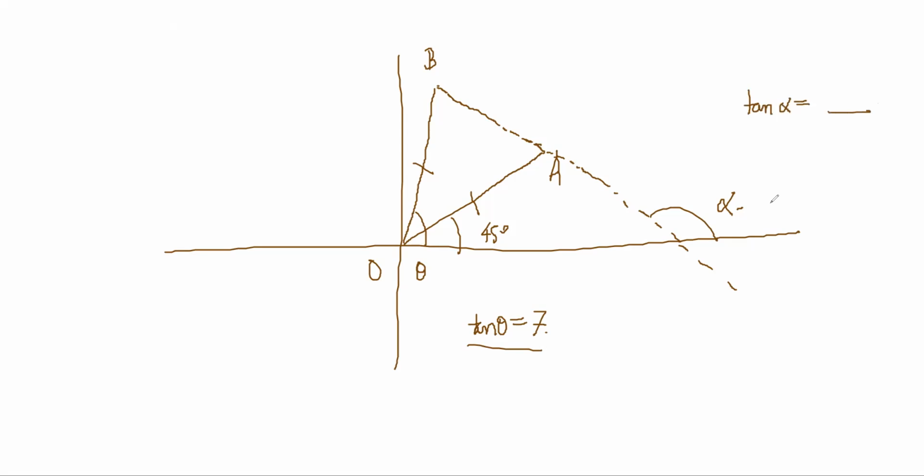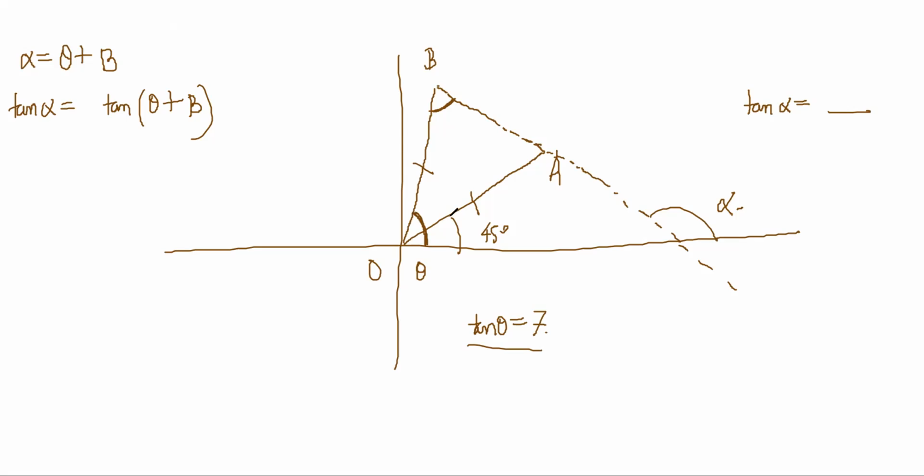It will be a negative answer first of all, because it's greater than 90. So this angle plus this angle is equal to alpha. Alpha is equal to theta plus b. So tan alpha is equal to tan of theta plus b, right?